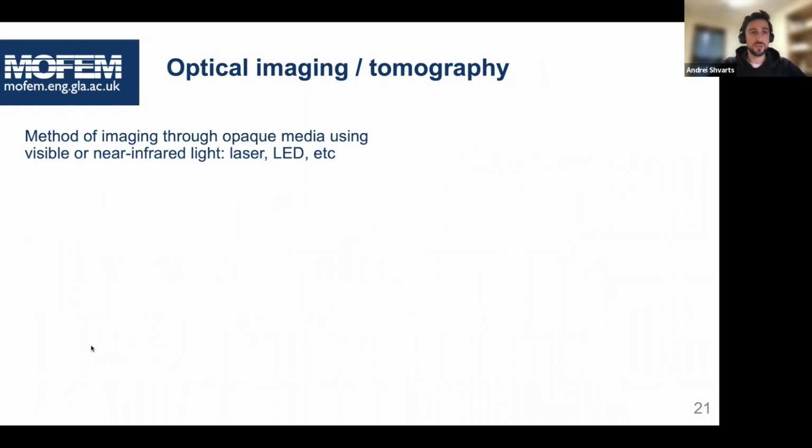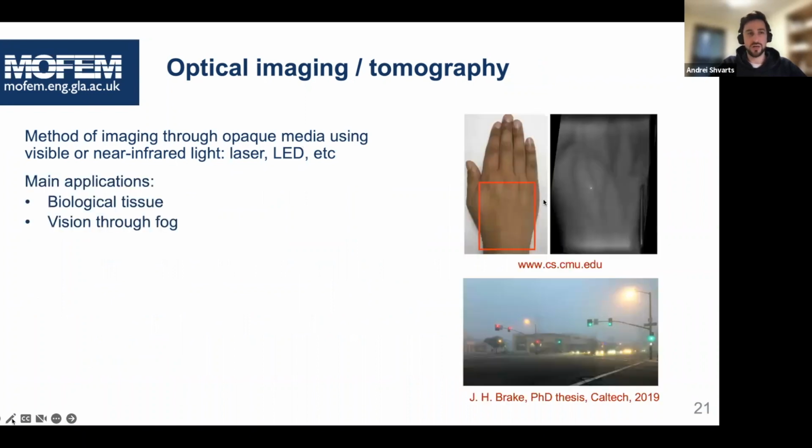So optical imaging is a method of seeing through opaque media, such as biological tissue or fog, using visible or near infrared light, like a laser, for example. And well, you could see it yourself if you try to shine a light from your phone through your hand in a dark room, you might see something like this, blood vessels.